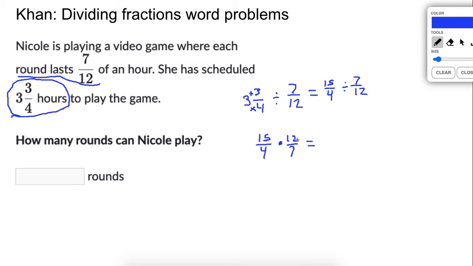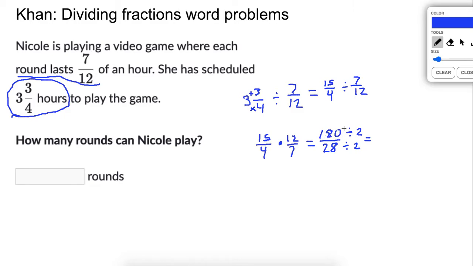15 times 12: 5 times 12 is 60, and 10 times 12 is 120, so I end up with 60 plus 120, which would give me 180 up on top, and I end up with 4 times 7, which is 28 on the bottom. Now the thing I realize here is those are both even, so 2 will definitely go into those, so I'm going to at least divide them both by 2, because we need to simplify these.